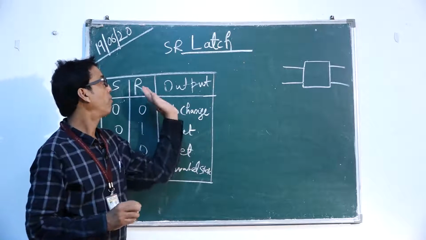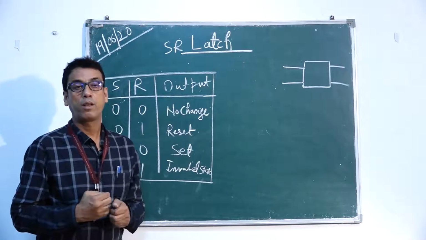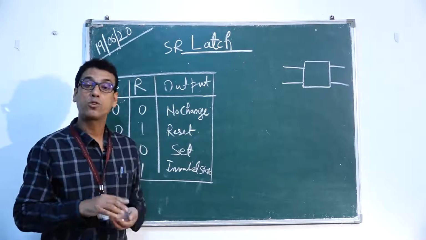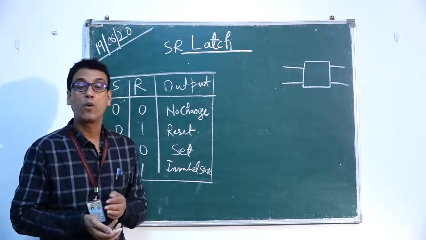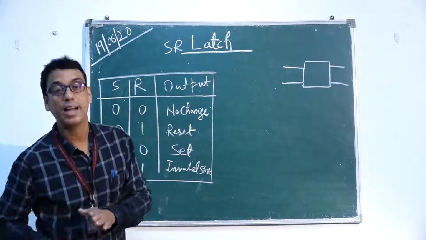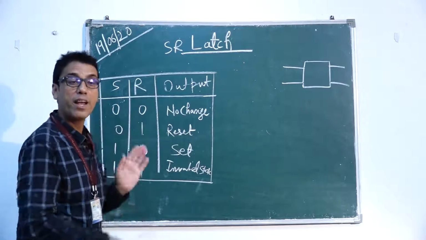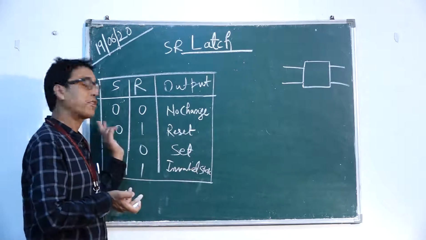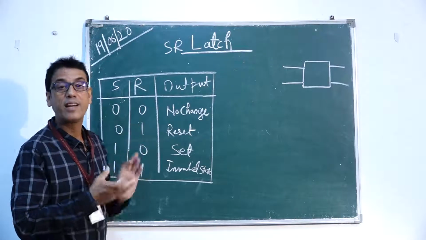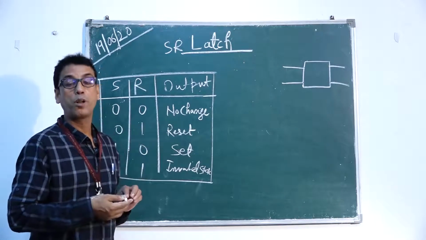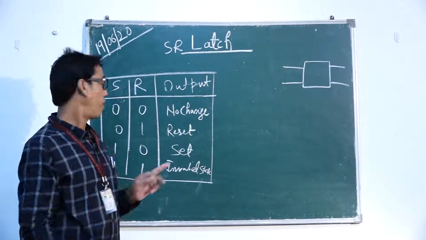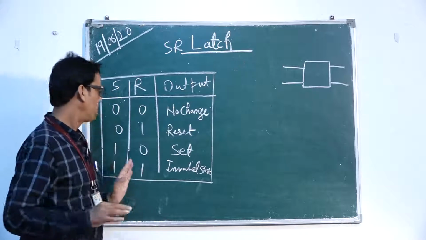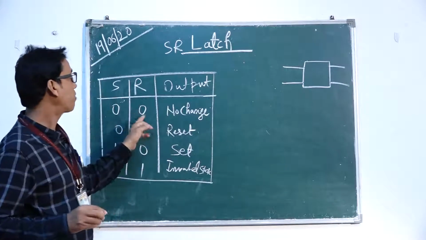But latch is a sequential circuit, which is a circuit that already has some data available inside. So the output will not depend straightforwardly only on what I input. The output also depends on the internal condition of the circuit. So if I enter 0 0, what is there inside? In the case of 0 0, no change.